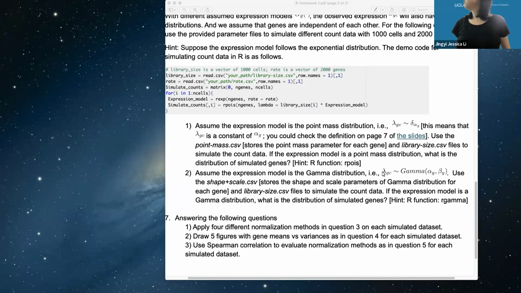Because now for each X_GC, following Poisson lambda_GC, their parameters lambda_GC are different. Therefore, ultimately, your X_GC obtained in this second problem would have bigger variance than the X_GC you obtained in the first problem.